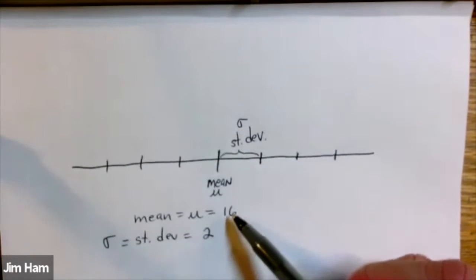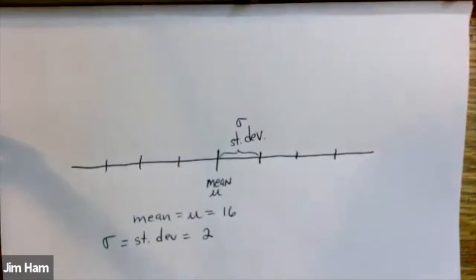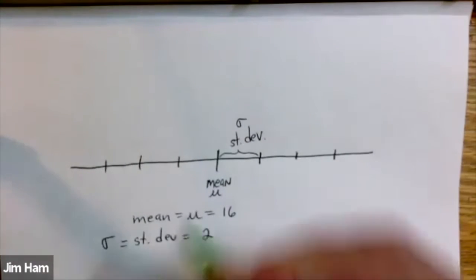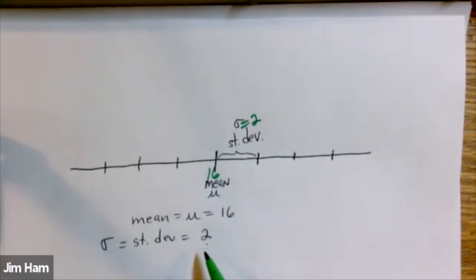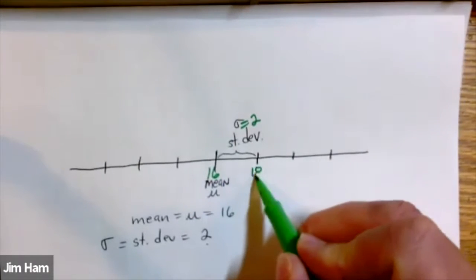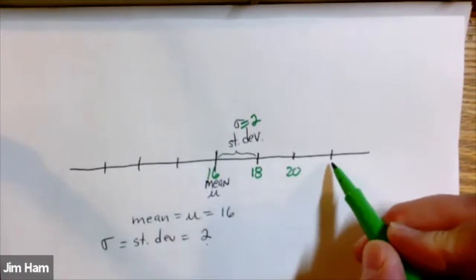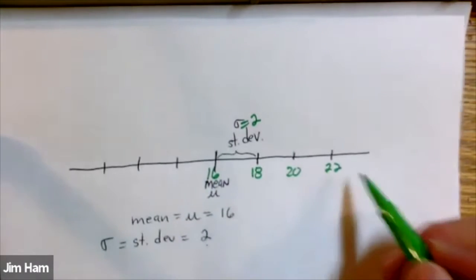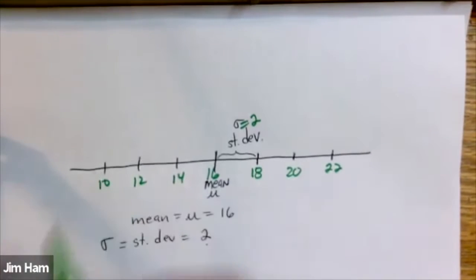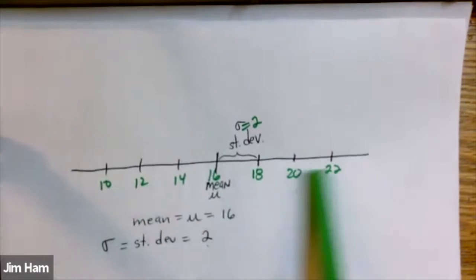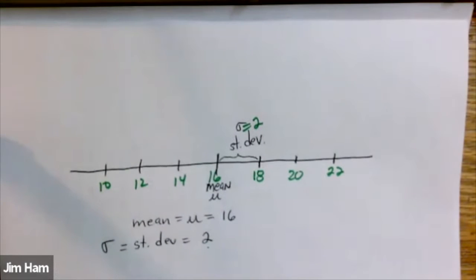Then we would put 16 right in the middle at the mean, and our scale marking would be the 2, the standard deviation. So we would add 2 to get 18, add another 2 to get 20, and add another 2 to get 22. And those would be the 3 scale markings to the right. We would subtract the 2 once, twice, and 3 times to get the scale markings on the left. So in these problems, you're going to be given the mean and the standard deviation, and then you create a scale.